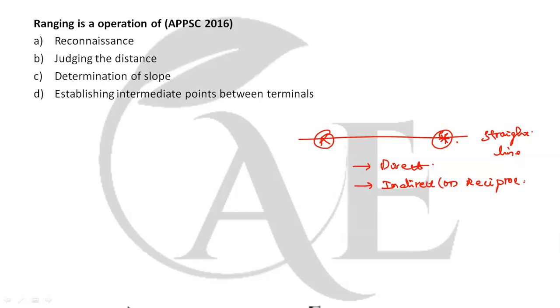Ranging can be done through ranging rods. Here the option is establishing intermediate points between the terminals, so option D is the correct answer.